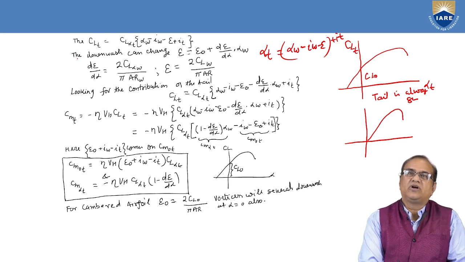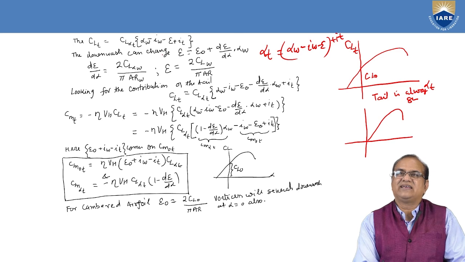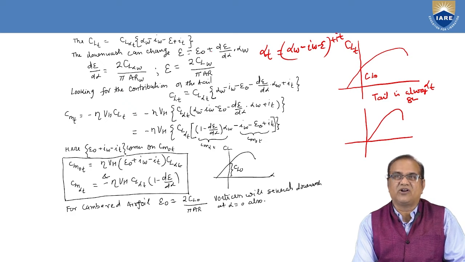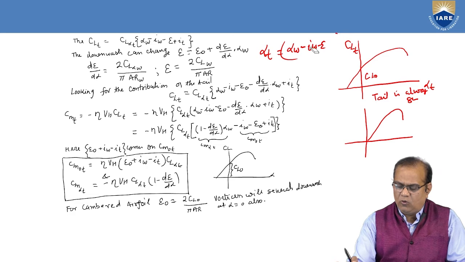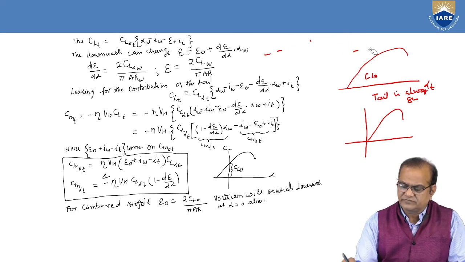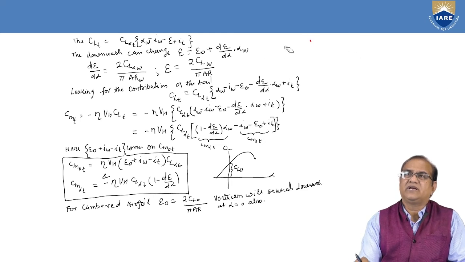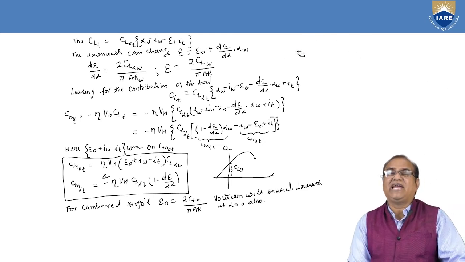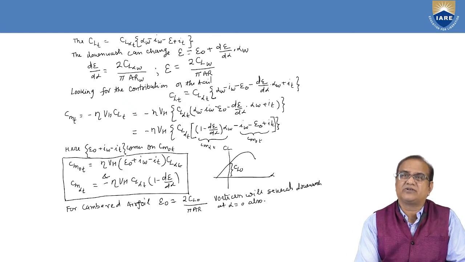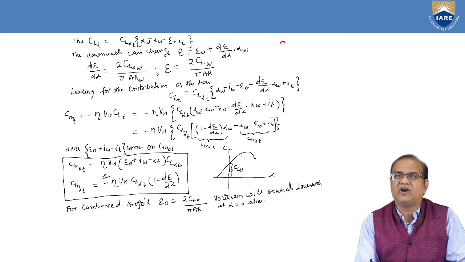Now the downwash can change. So here epsilon we can write as epsilon naught plus d epsilon by d alpha into alpha W. Why have we taken epsilon naught here? In the CL naught we have not taken it, but we are taking epsilon naught here. It is very important that we understand this.